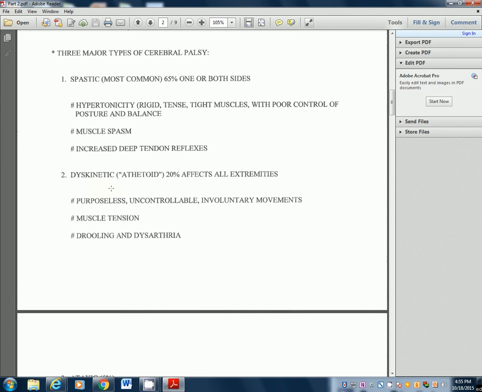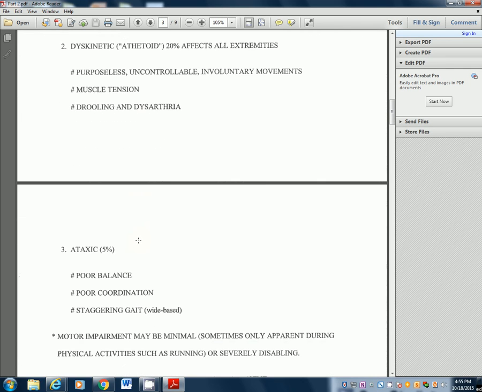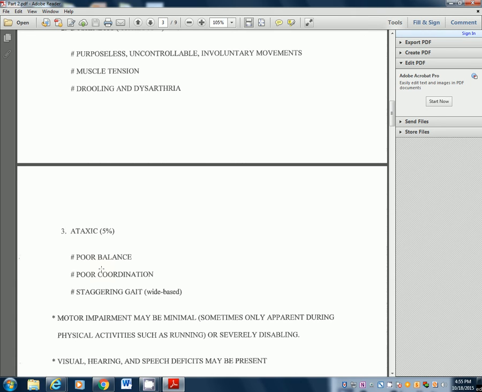With the dyskinetic, this affects about 20%, and can affect all extremities. It's very purposeful, uncontrollable, involuntary movements. They do have some muscle tension with a lot of drooling and dysarthria, or poor speech articulation. With ataxic, which only accounts for about 5%, they have poor balance, poor coordination, and a wide-based staggering gait.